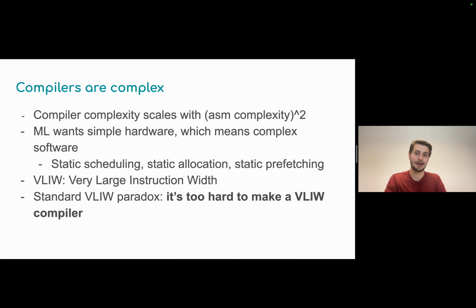Why haven't other ML compilers taken over the world? It's really because as the complexity of the code that you want to generate grows, your compiler scales with the square or the cube of that complexity. It scales really, really fast because your compiler now needs to generate that final code.